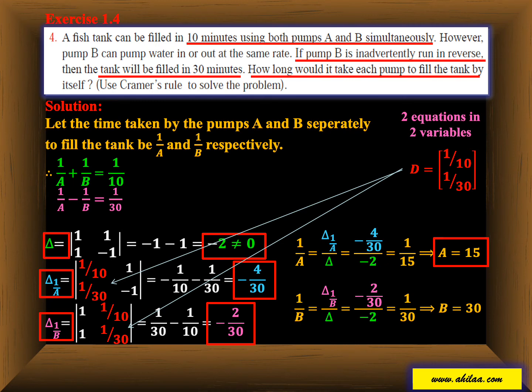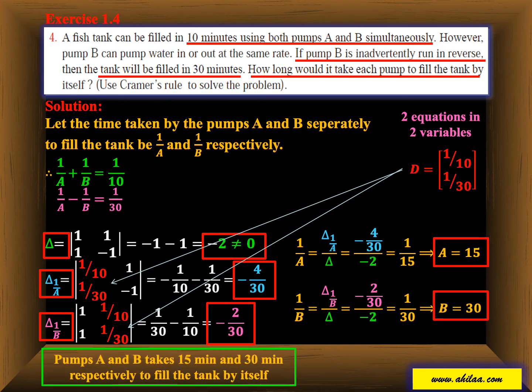Similarly, 1 by B equal to delta 1 by B by delta, which is minus 2 by 30 by minus 2, that is 1 by 30. Taking the reciprocal, we get the value of B as 30. So what is our conclusion? Pumps A and B take 15 minutes and 30 minutes respectively to fill the tank by themselves. Understood? Very good.